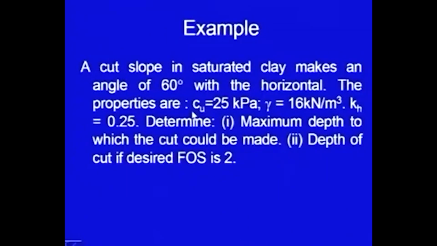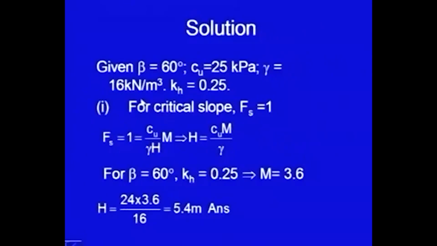The properties are Cu equal to 25 kPa, gamma equal to 16 kilonewton per meter cube, kh is given as 0.25. Determine the maximum depth to which the cut could be made and the depth of cut if the desired factor of safety is 2. So, given beta is equal to 60, Cu is this much, these are the parameters given.